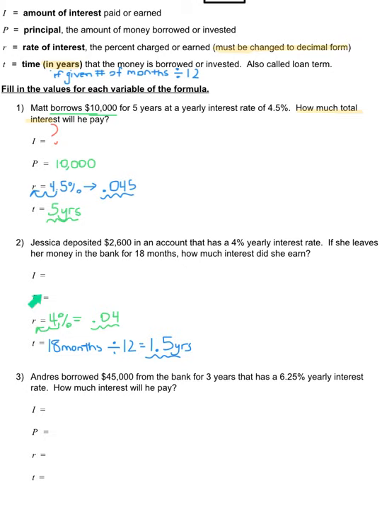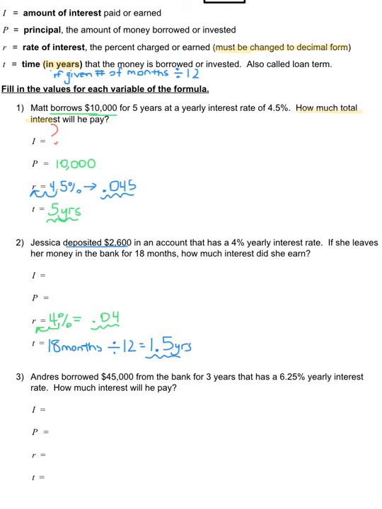Last two, the I and the P. Deposited. So if we deposited the 2,600, and we know that it says up above by the P, that's the invested money. That's another word for deposit, when you put it in.